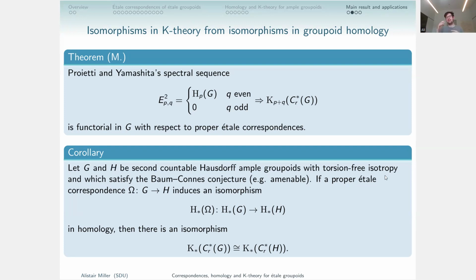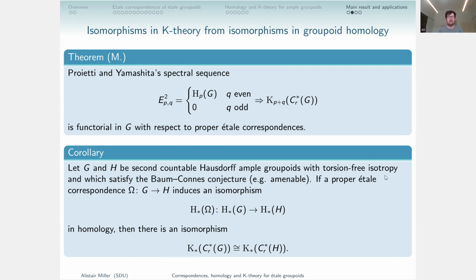So this is in analogy with the short exact sequence idea. If you have a map of short exact sequences which is an isomorphism on either side, it's going to be an isomorphism in the middle. And it's exactly the same kind of thing, but times 1,000, that happens in a map of spectral sequences. So if we knew we got an isomorphism in homology and we knew the HK conjecture held, then obviously we'd have an isomorphism in K-theory.